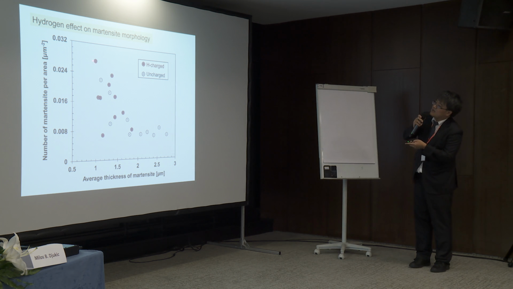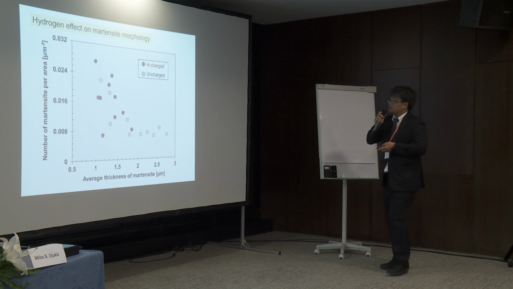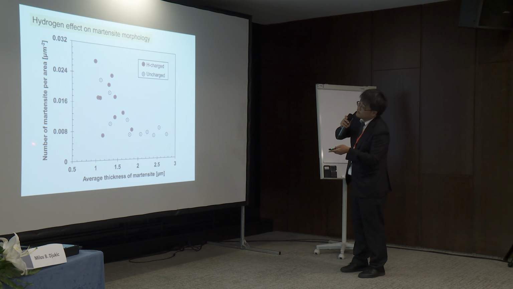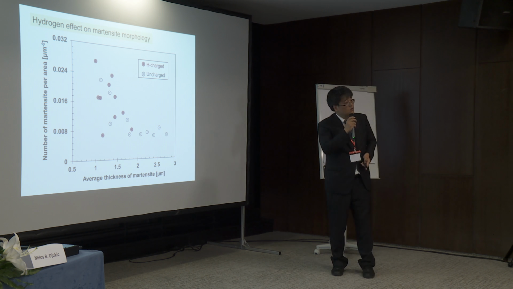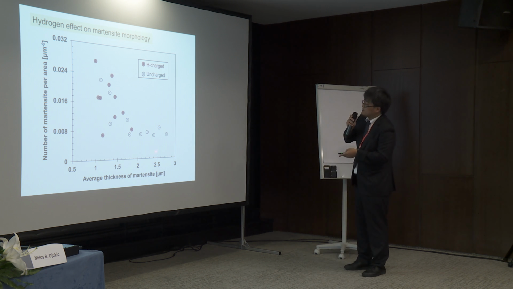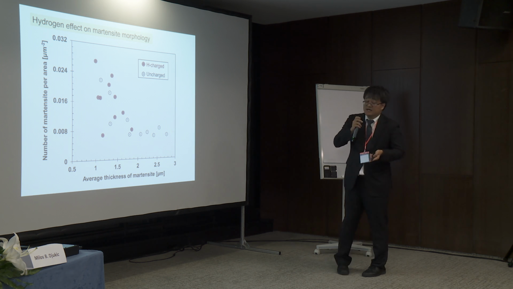We counted 1, 2, 3, 4, 5, 6, 7, 8, 9, 10 grains. Then we plotted the number of martensite plates per area against average thickness. In the hydrogen-charged specimen, the martensite thickness was always below 2 micrometers. On the other hand, depending on the crystallographic orientation, some martensite plates are thicker in the uncharged one.